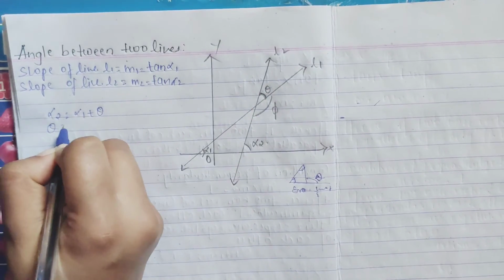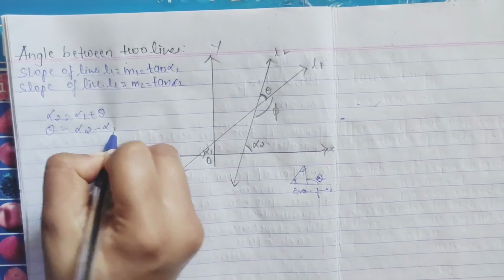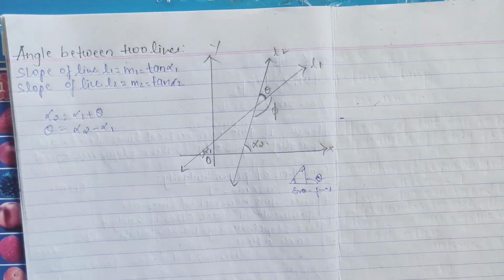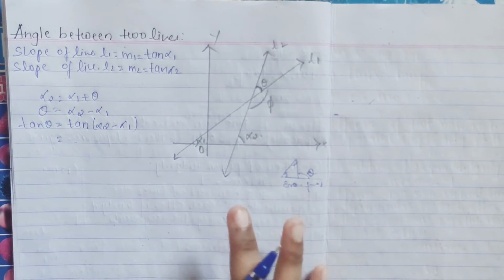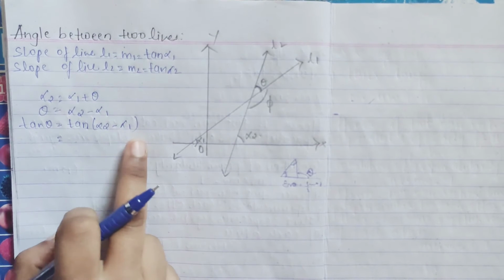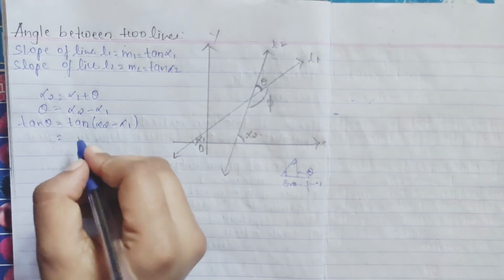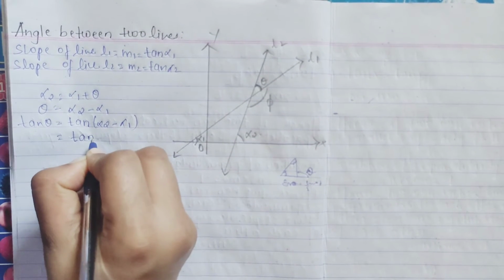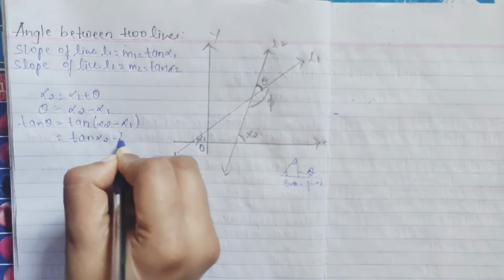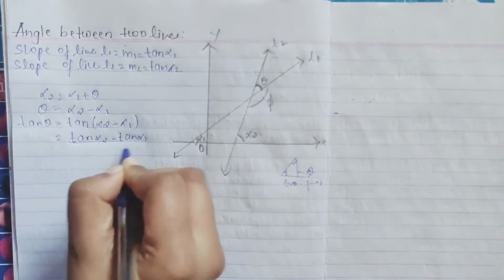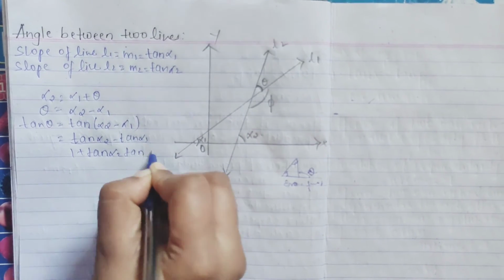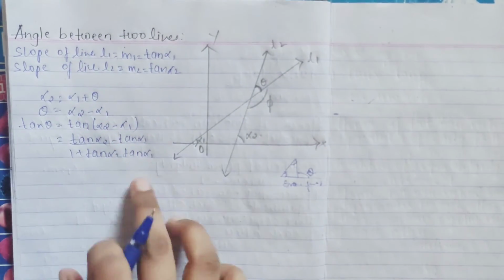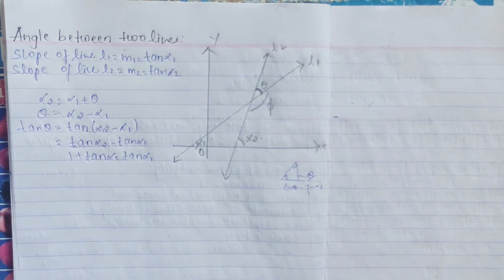So theta will be alpha 2 minus alpha 1. And if we apply tan on both sides, tan theta is equal to tan of (alpha 2 minus alpha 1), which means tan of (A minus B). Tan (A minus B) is tan A minus tan B, whole divided by 1 plus tan A into tan B, right? That is the formula for tan of (A minus B).